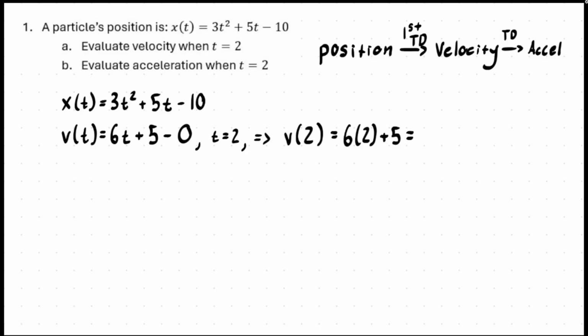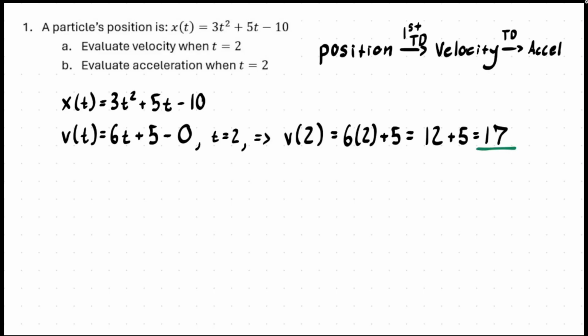And then solving that, we'll get the end result is 12 plus 5, or just 17. Right? So velocity at time equals 2 is going to be equal to 17.